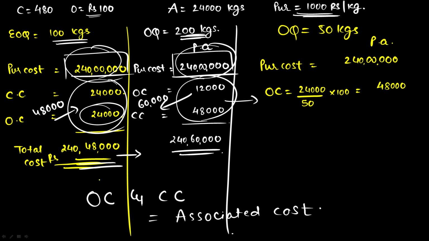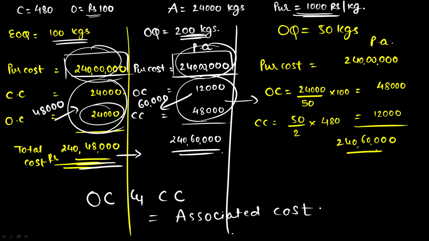Why is your number of orders increasing? Because you are purchasing less quantity at a time. In one order you are purchasing only 50. What will be your carrying cost? 50 divided by 2 multiplied by 480. It is 12,000. Still it is 240,60, which is more than this.